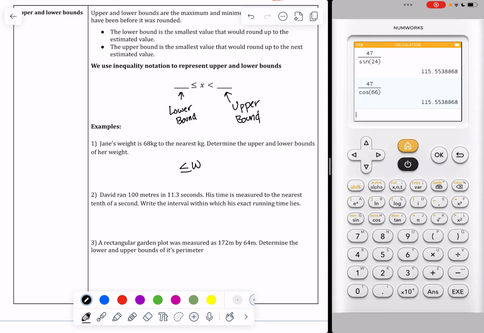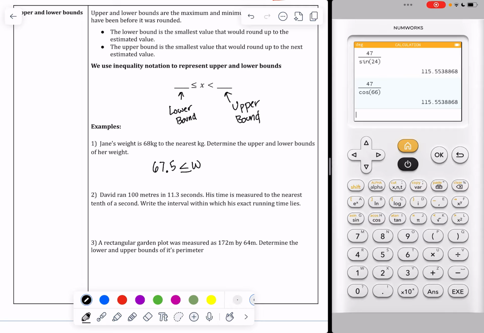So anything that is bigger than or equal to 67.5. If you equal 67.5, you're rounding up to 68, or if you are bigger than 67.5, you're going to round up to 68.